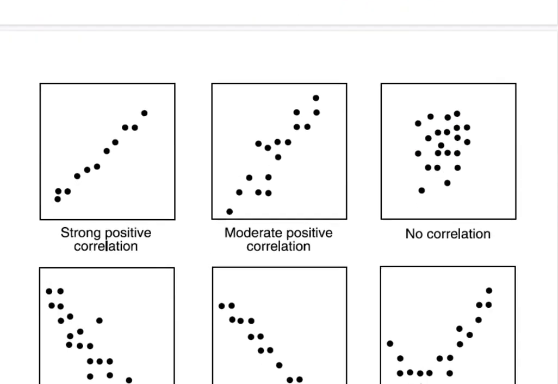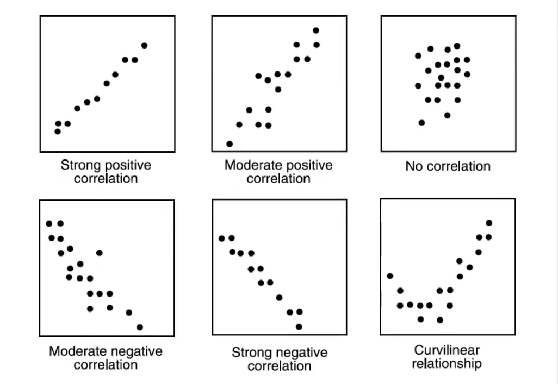The last thing we want to cover is the different types of associations. So we have, as you probably notice, positive and also negative correlations. So this right here, and you can make quick sketches of these in your notes, but very important to have in your notes, is a strong positive correlation.